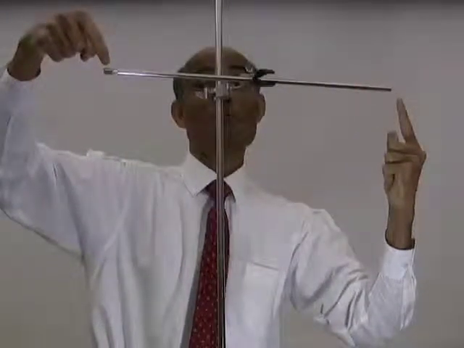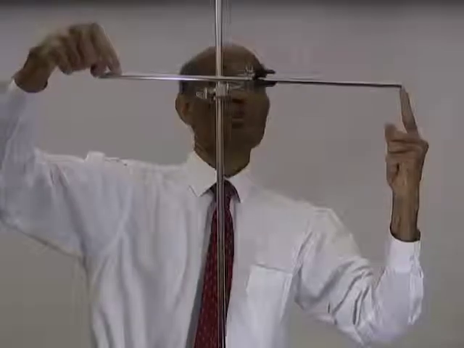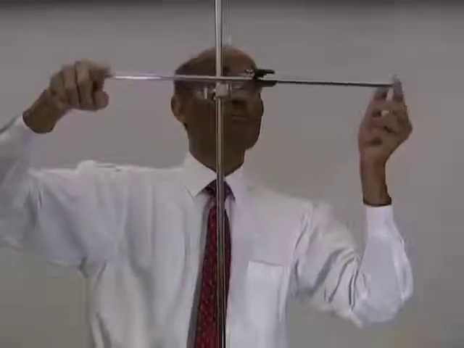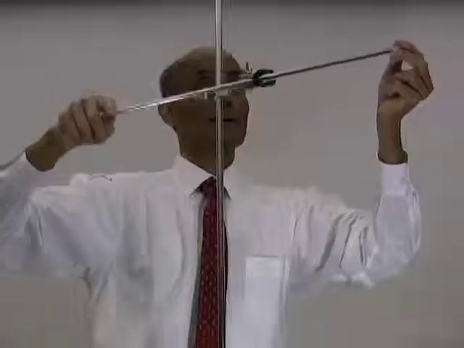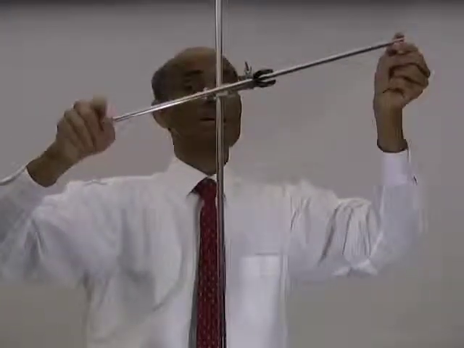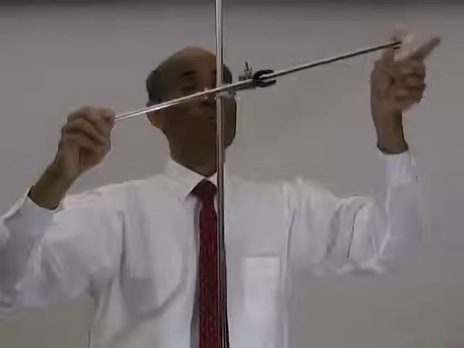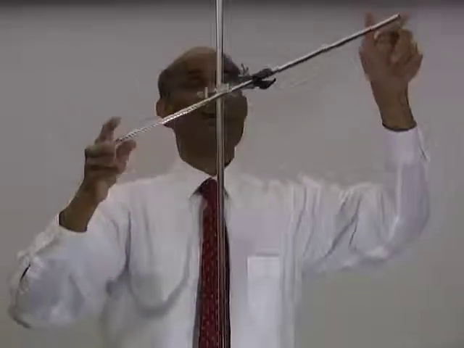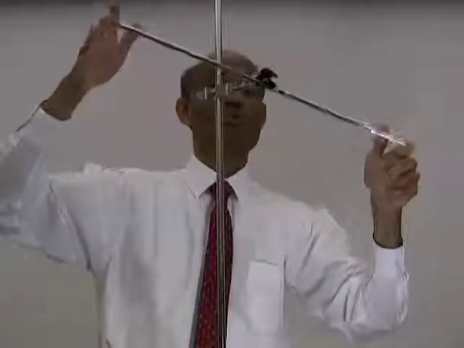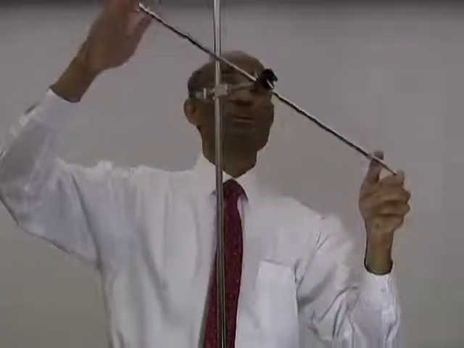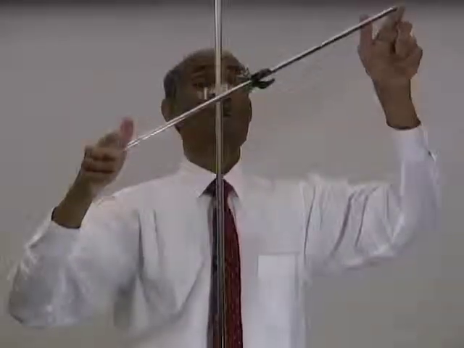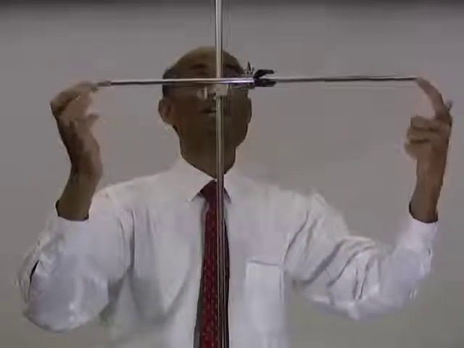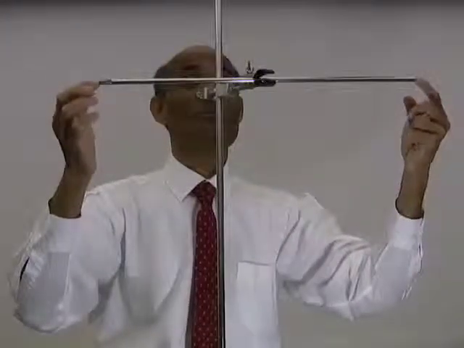Well, the sum of the forces is zero, but is this in equilibrium? Let's see. Look at that. I'm applying a force downward here and upward on the other end. Is this in equilibrium? And I change the direction of the force. Is this in equilibrium? No.